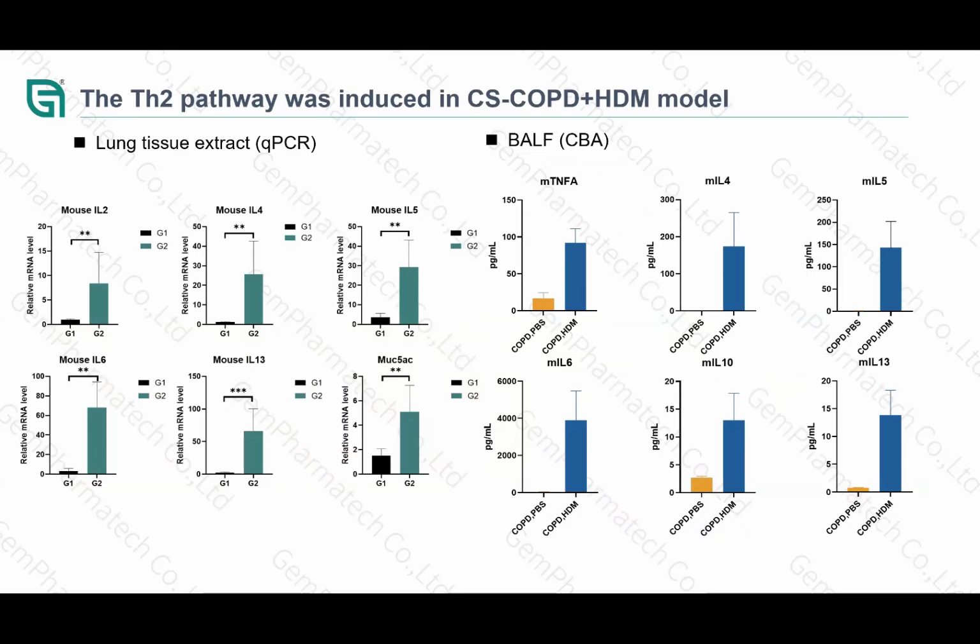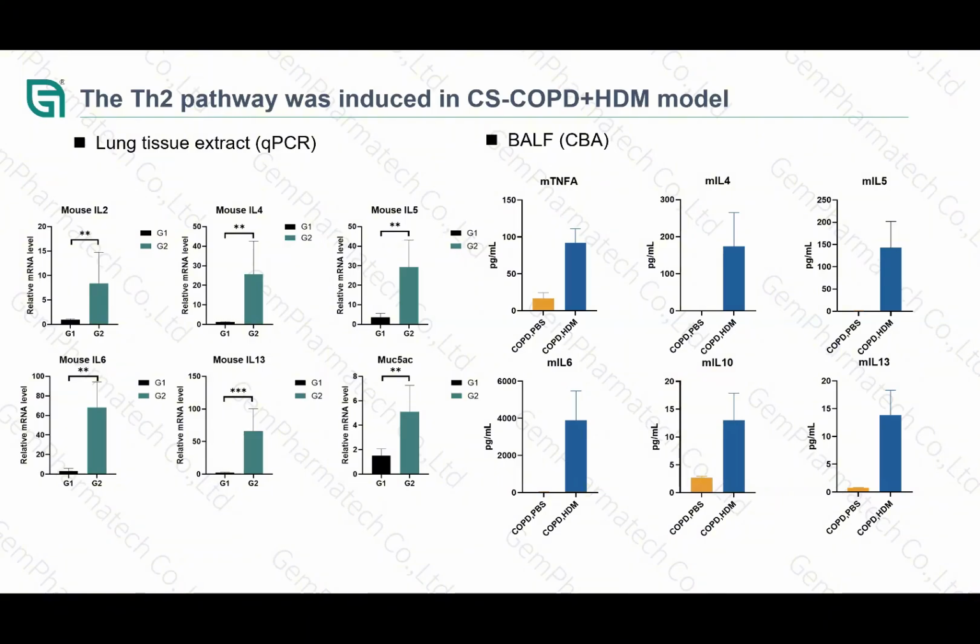The results show that after the induction of cigarette smoke and HDM, the lung exhibits a distinctly Th2 dominant inflammatory response. You can see in the slide here a significant increase in IL-4, IL-5, IL-6, and IL-13 levels.